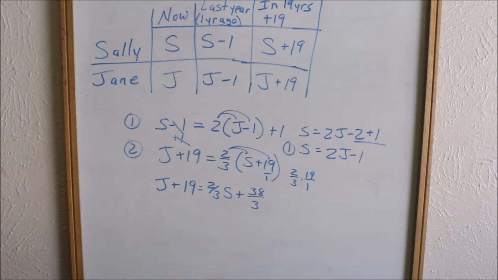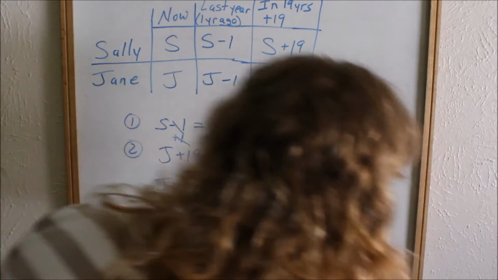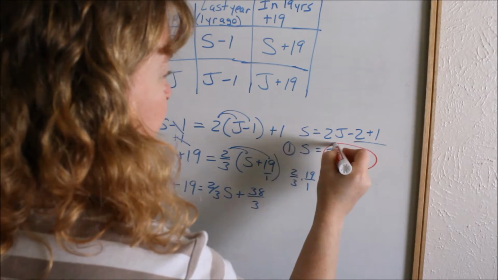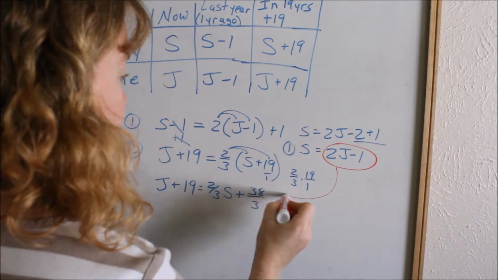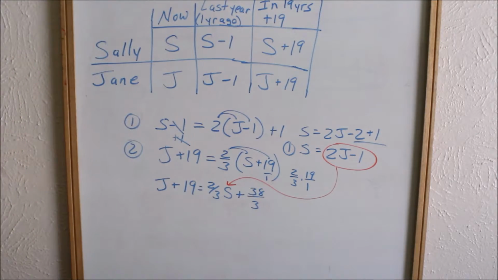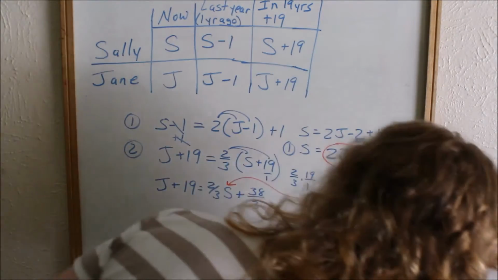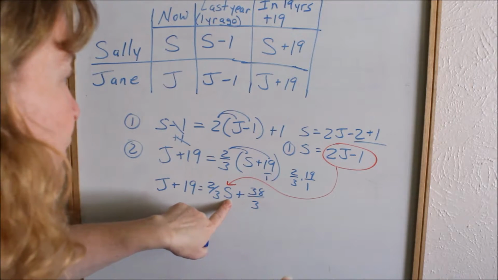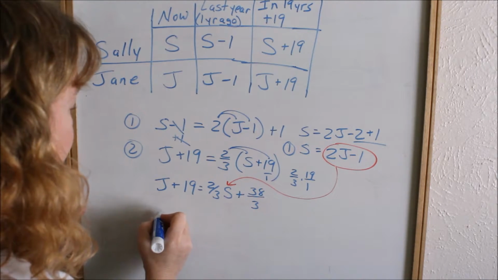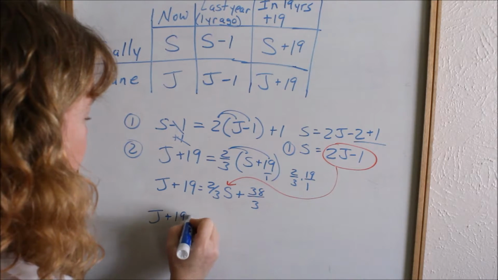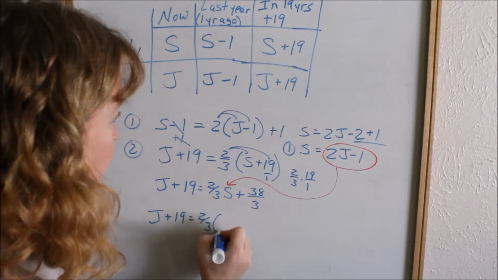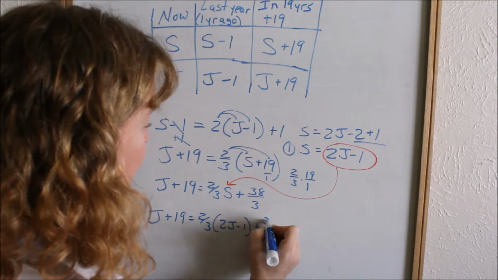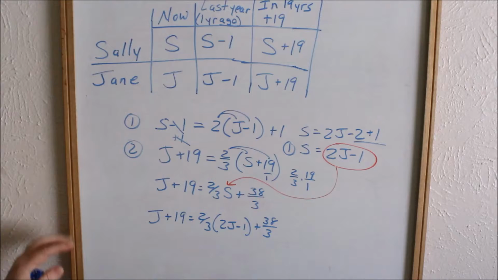Okay, I'm going to go ahead and use my substitution now. I'll get rid of fractions here in just a minute. Okay, S is this whole thing. So I'm going to take this and plug this all back in right there for S. Again, you can either use substitution or elimination. So plugging this in for S, then I have J plus 19 equals 2/3 times 2J minus 1 plus 38 over 3.